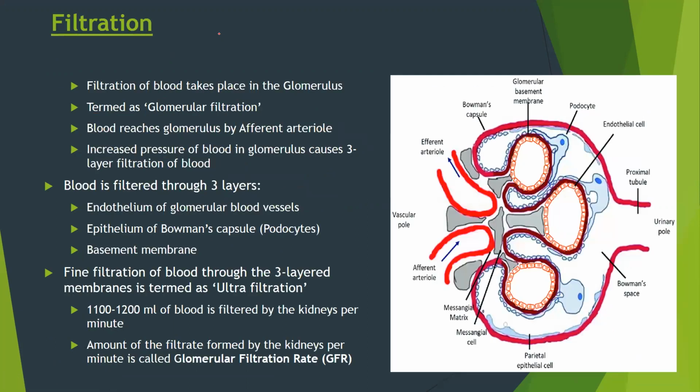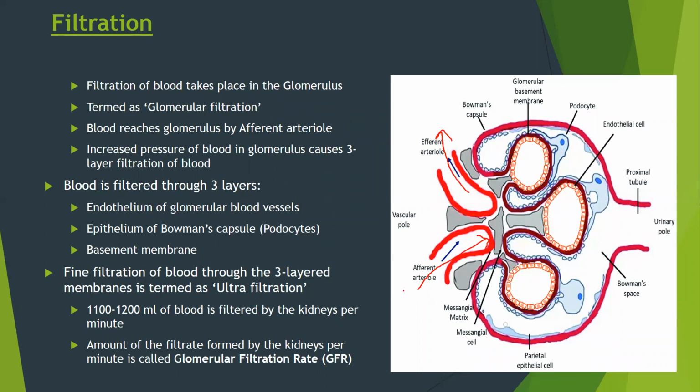The very first step is filtration, also known as ultrafiltration. The blood enters through the afferent arteriole, comes into the glomerulus, and then comes out through the efferent arteriole.